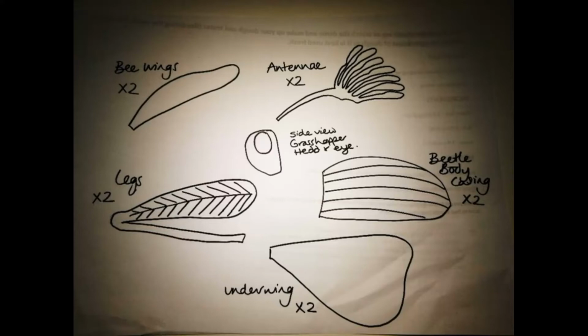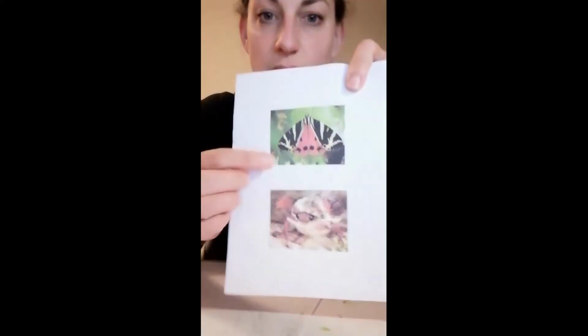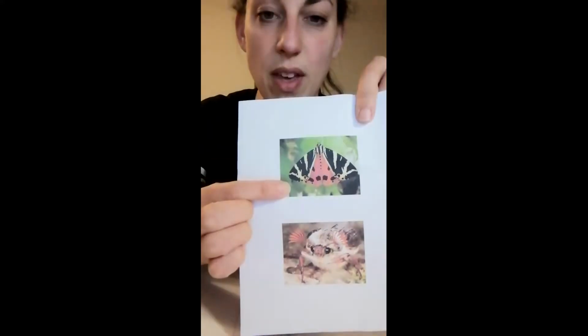I like the antennae of the amazing little cockchafer bug, and I like the head shape of the grasshopper and the eye of the grasshopper, but also the shell casing, the wing casing of that little bug, that cockchafer bug. And I've also picked out the underwing, the red underwing of that lovely Jersey tiger moth there. Okay, so it's just the underwing.